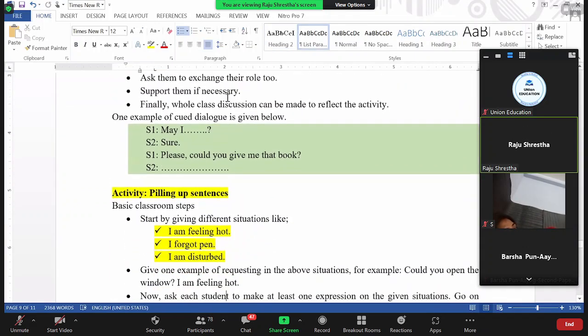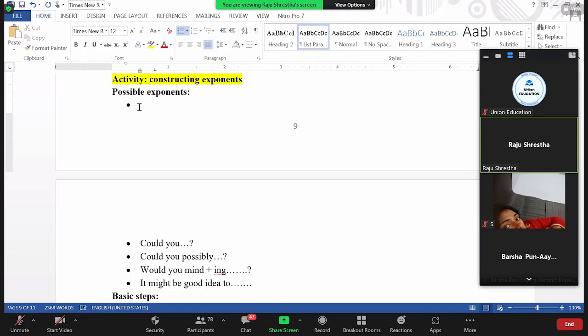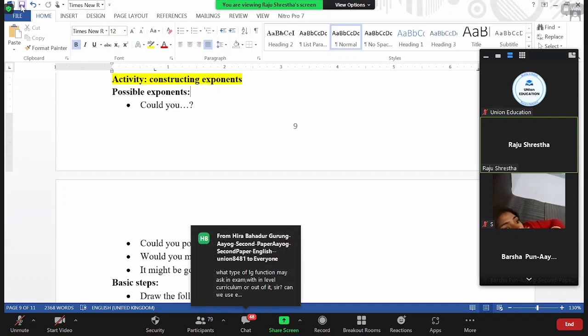For example, in constructing exponents, what should be written? Just an example. Okay, you can do this. In this way we have to prepare. One question function has been coming up until now. So if they focus on it much, then preparation will be strong.